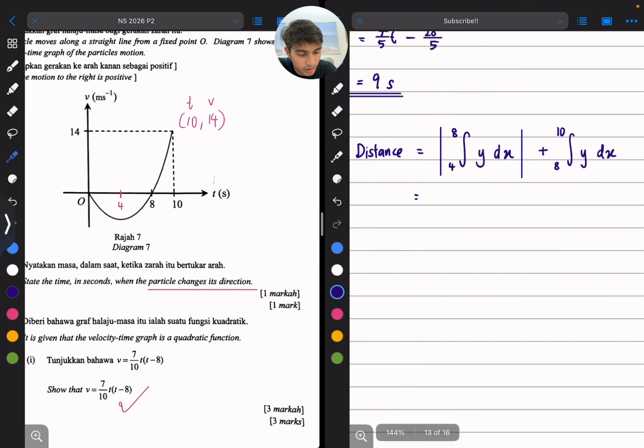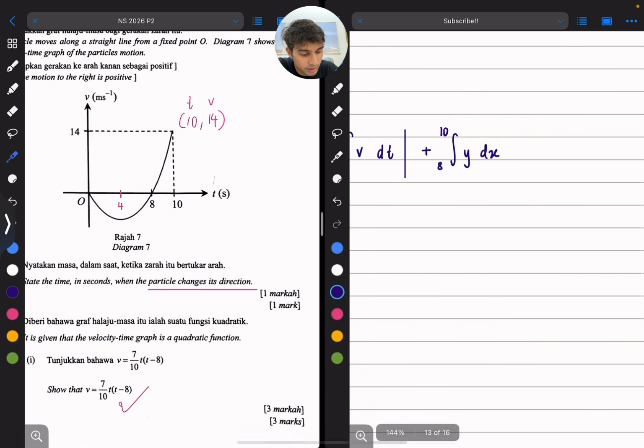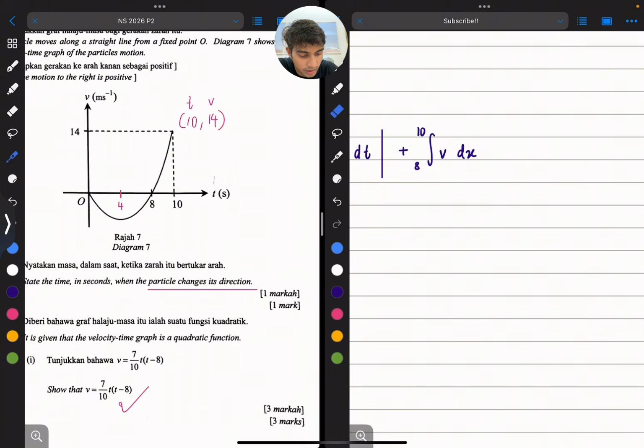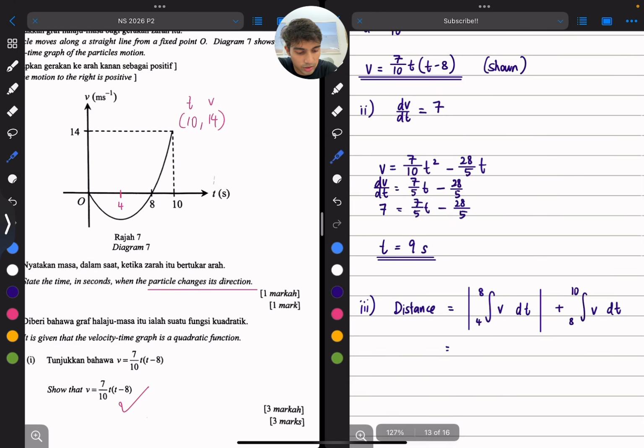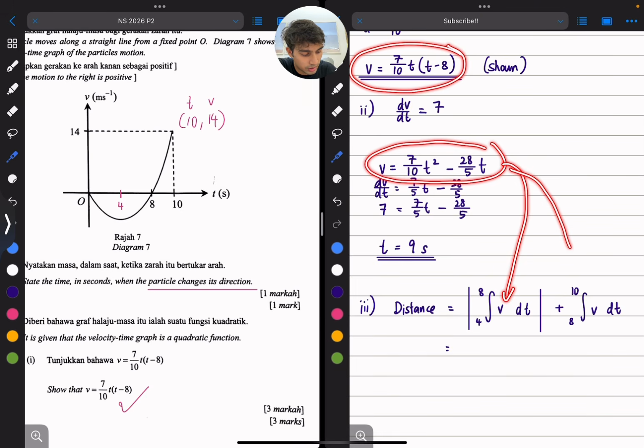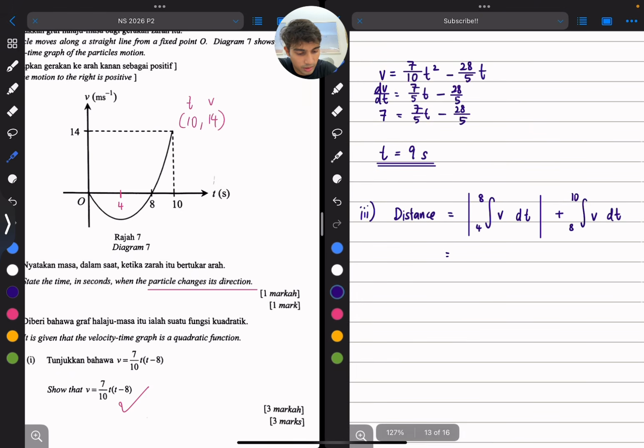Now we do lah. So instead of y dx, actually this would be v dt, because our axis is not y and x. Our axis is v and t. Alright, so we already have the equation of v. V is this. Actually we can use the expanded version, it's easier. Let's put it here.